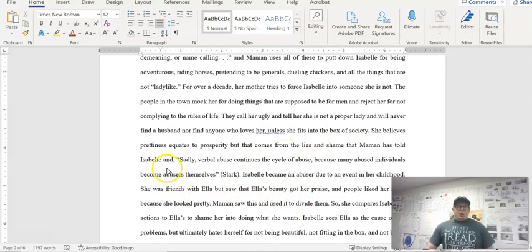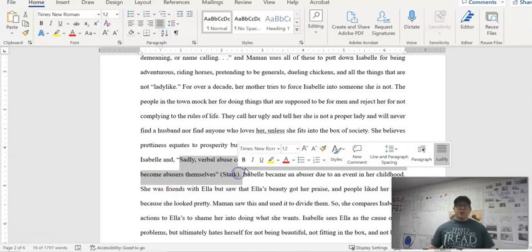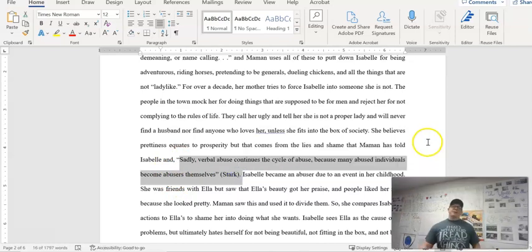So the problem with this quote is that this quote would work if this is being applied to Mammon, and Mammon's past. Like this quote is talking about how people who are verbally abused often become abusers.